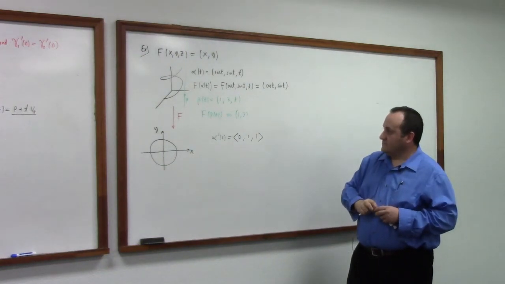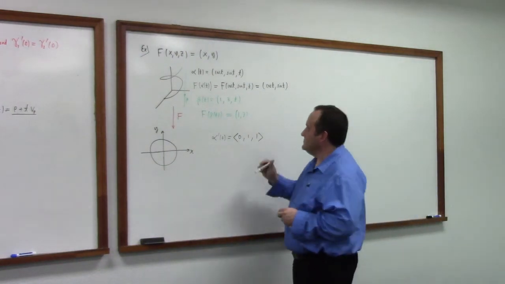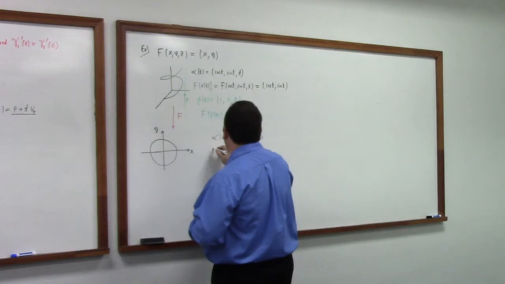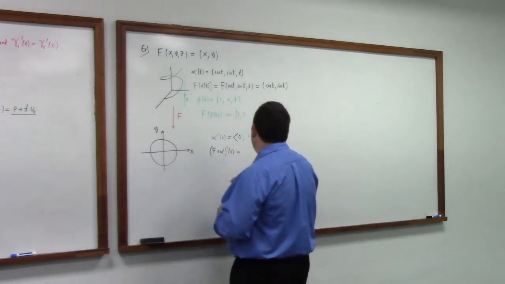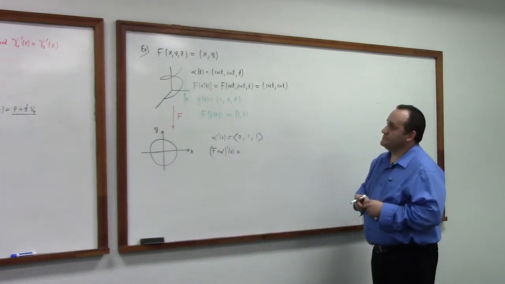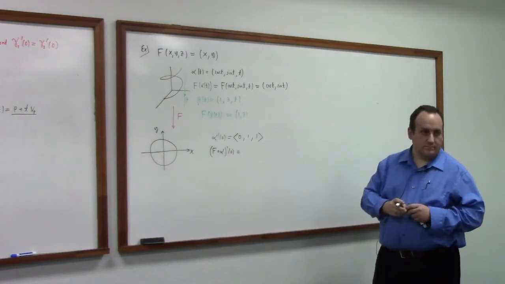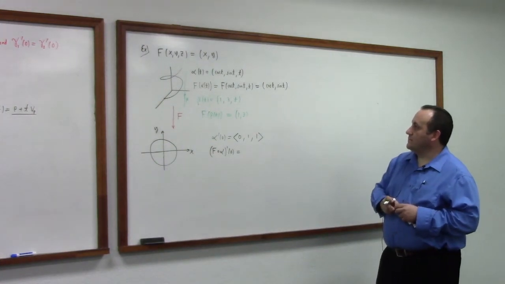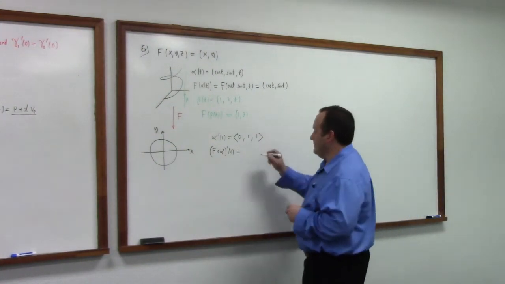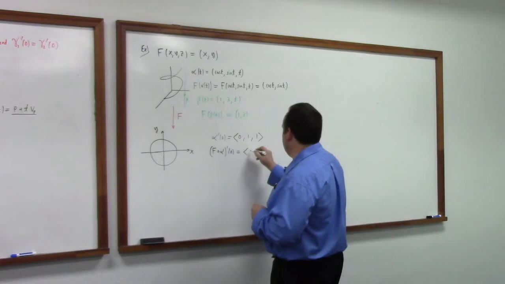Like so. What is f composed with alpha prime of 0? Yeah, it's just 0, 1, right? Very good.